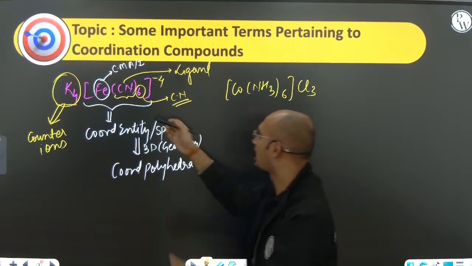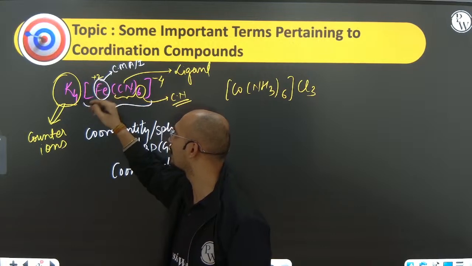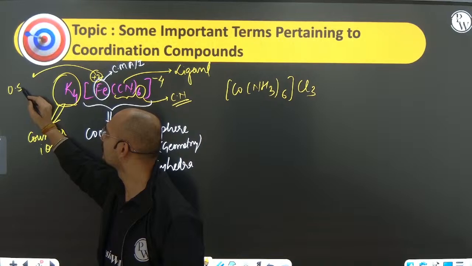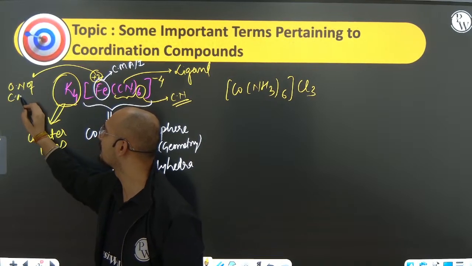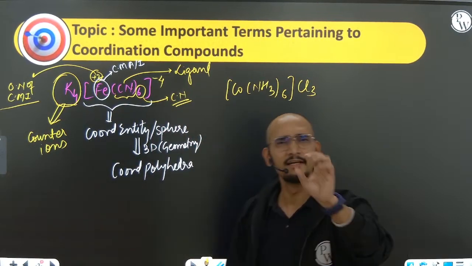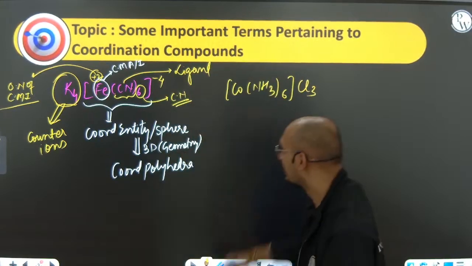Whatever the charge on the central metal atom comes out to be, here it is +2. It is called the oxidation state, or oxidation number, of the central metal ion. You will not say central metal atom, because the central metal atom has 0 oxidation number whenever it is in atomic form. Now let's talk about the other one.